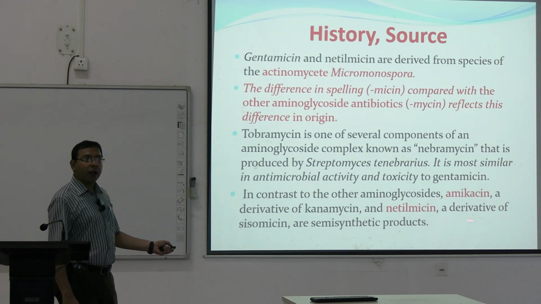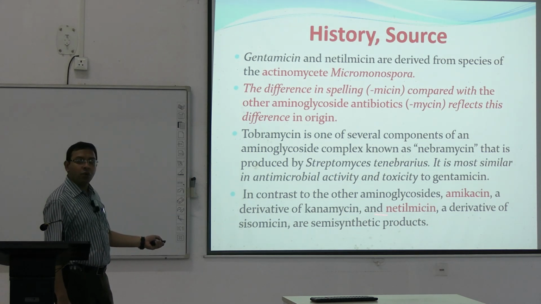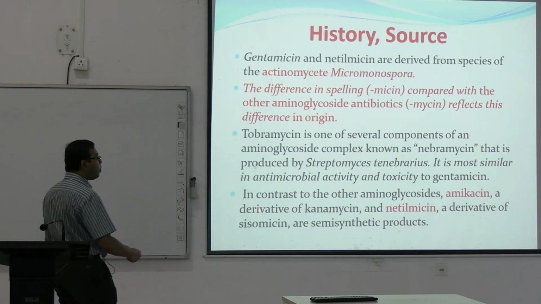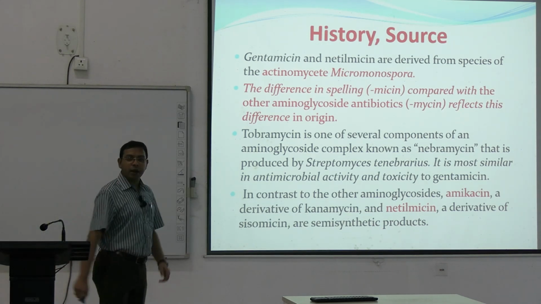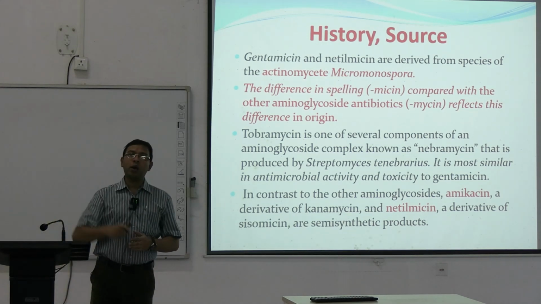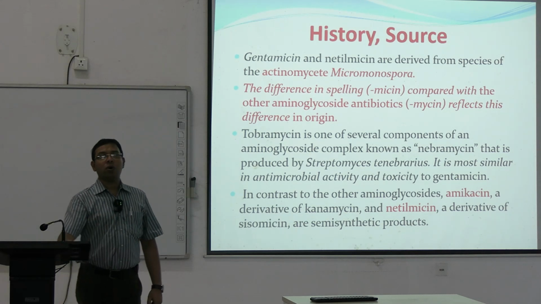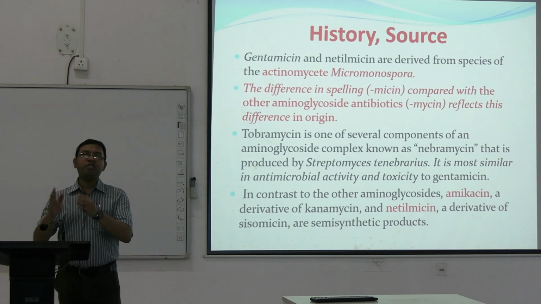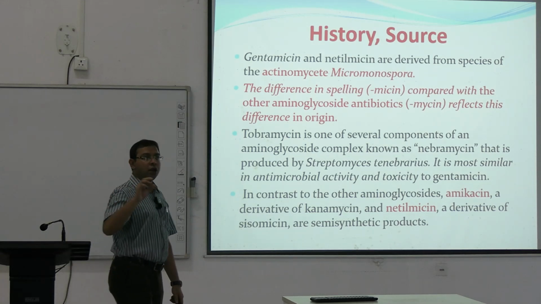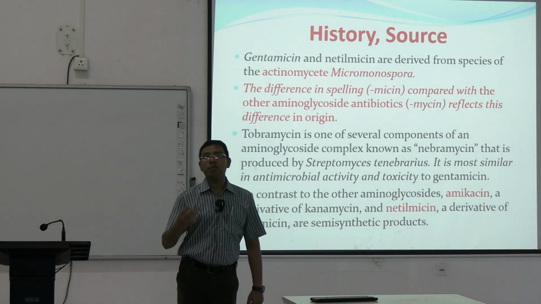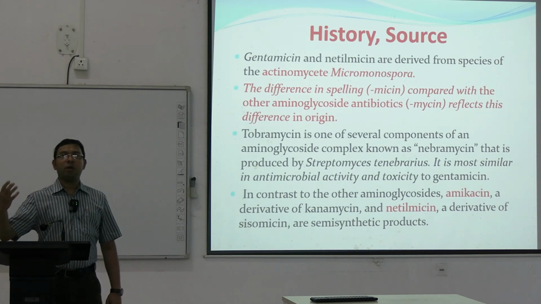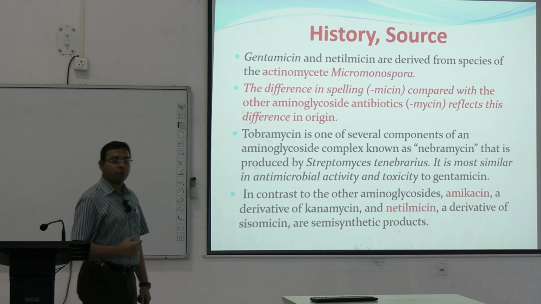In contrast to other aminoglycosides, Amikacin, which is a derivative of Kanamycin, and Netilmicin, which is a derivative of Sisomicin, are semi-synthetic products. At first, when they were obtained from soil actinomycetes, Streptomycin was obtained from the Streptomyces species and Gentamicin from the Micromonospora species.